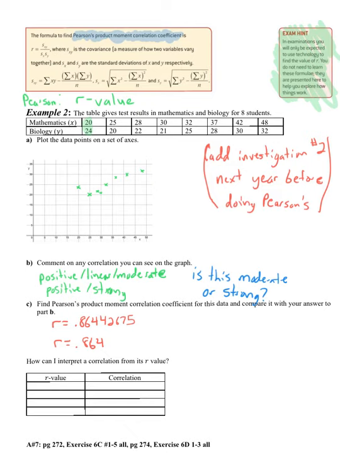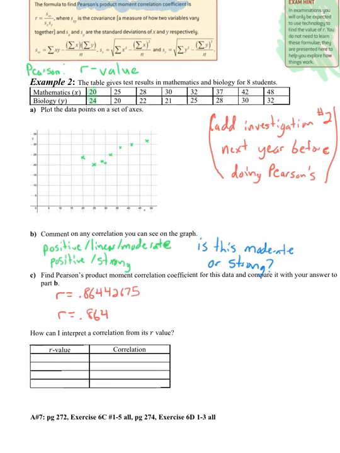So let's interpret our correlation from the R value. That's important. And we'll do that down here. How can I interpret a correlation from its R value? We're just going to make a range of things. If the absolute value of R is between 0 and 0.25, that is a very weak correlation.